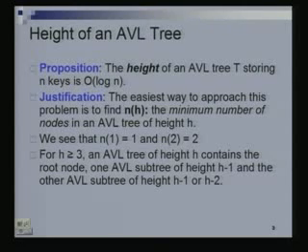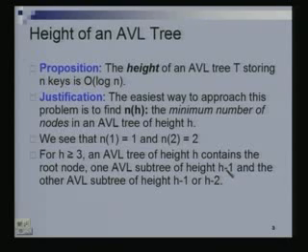Can someone tell me? Well, it has height h, so its children can have height only h minus 1, not more than h minus 1. They can have a difference of at most 1. So if one of them is h minus 1, the other one can only be h minus 2 or h minus 1.